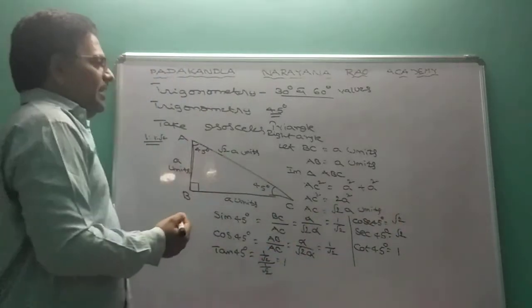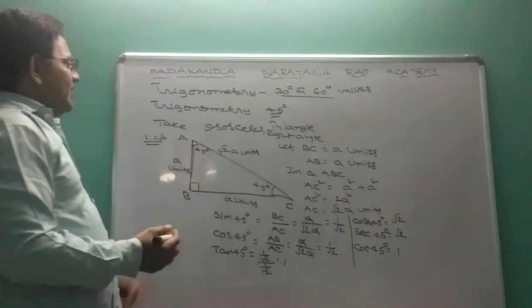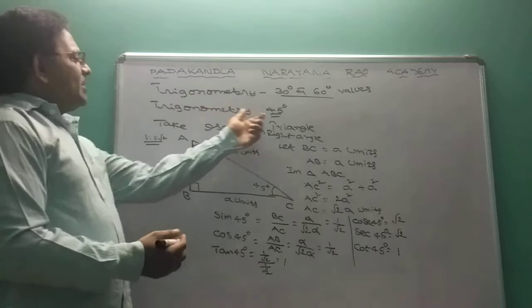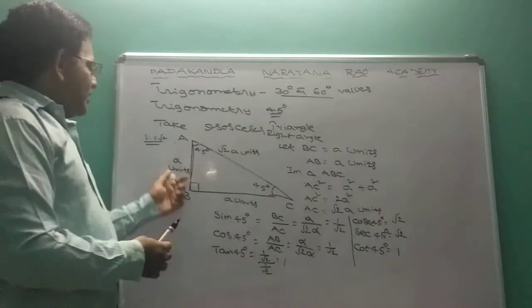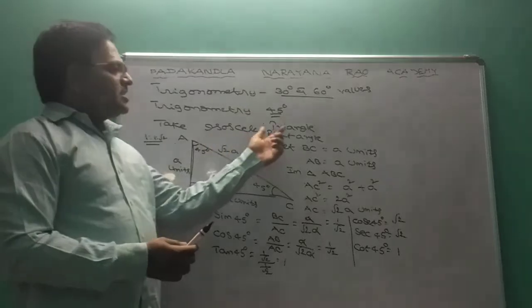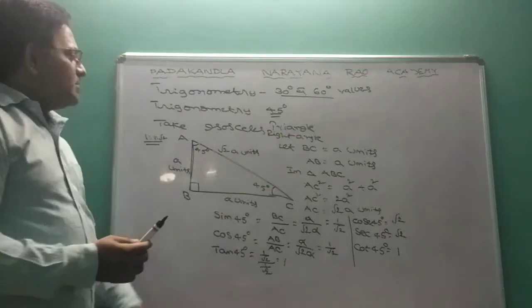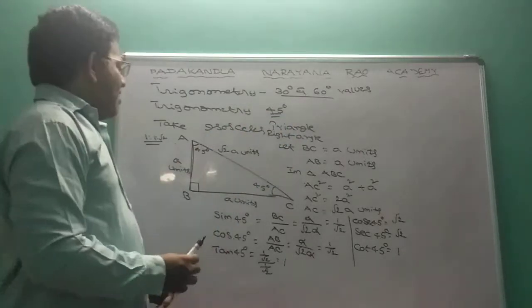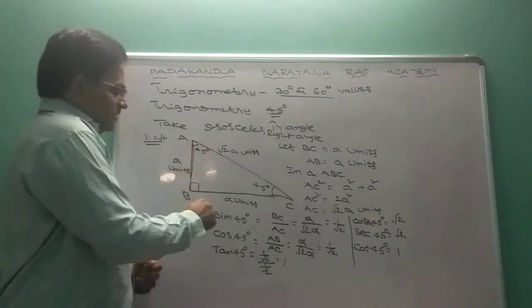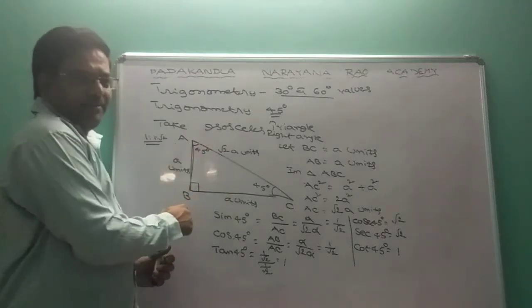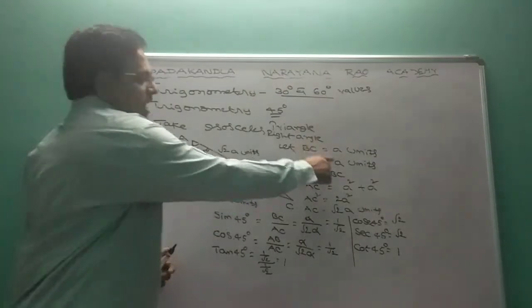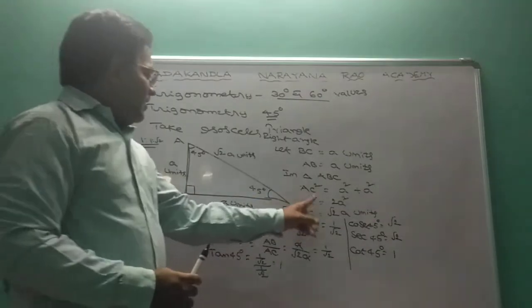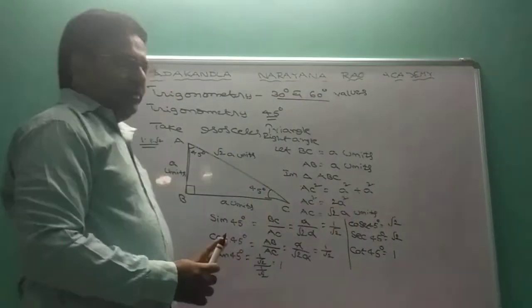Once again I am explaining. Trigonometric values of the angle 45 degrees. You take one isosceles right angle triangle. Then sides BC and AB will be equal. If you take A units, then hypotenuse is root 2A units.